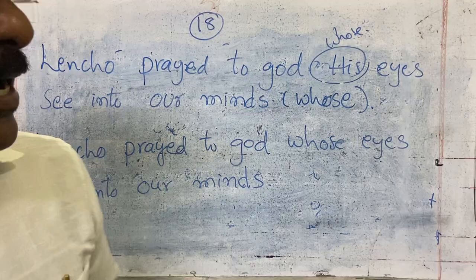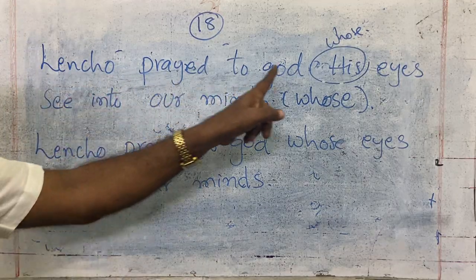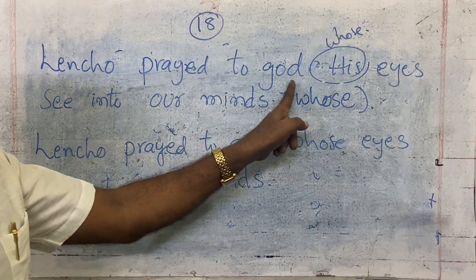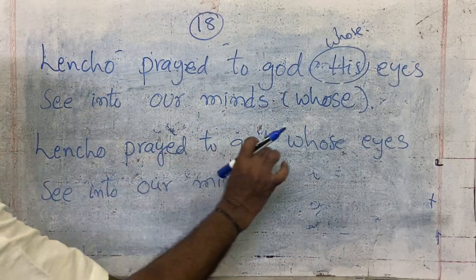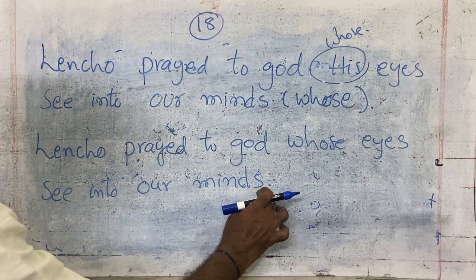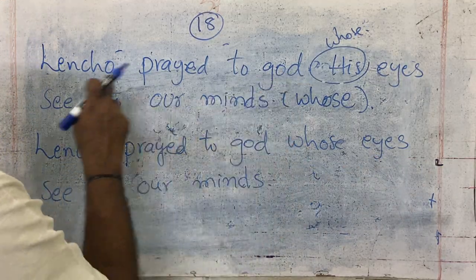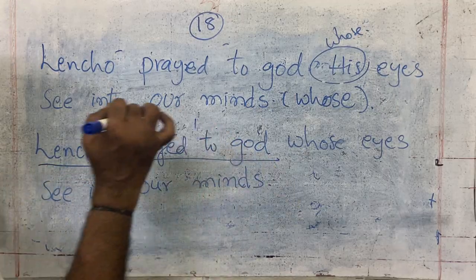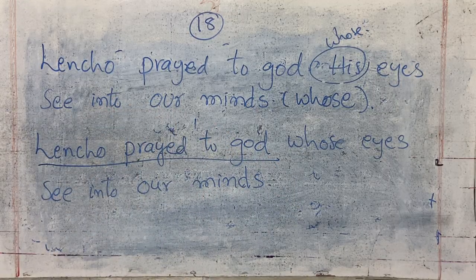So first what happened? Lencho prayed to God. Lencho had faith in God. So that's why this is coming first. Lencho prayed to God whose eyes see into our minds. So that's why this happened first, and we are taking this first here.